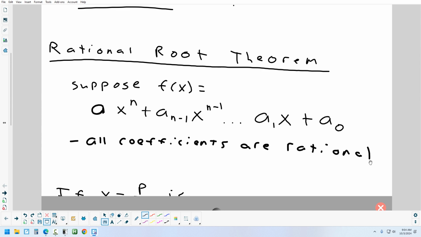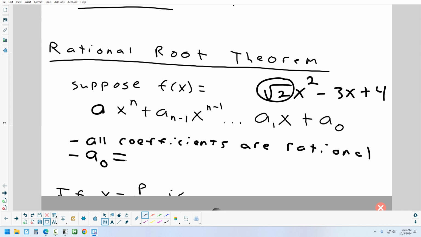So if you had a polynomial like square root of 2 x squared minus 3x plus 4, that is a polynomial, yes. But the problem is the coefficient of the x squared term is irrational. The rational root theorem doesn't work with coefficients that are irrational. So all the coefficients have to be rational numbers. I just have that written in a nice little math way. And the constant can't be 0. So that summarizes what was written down.